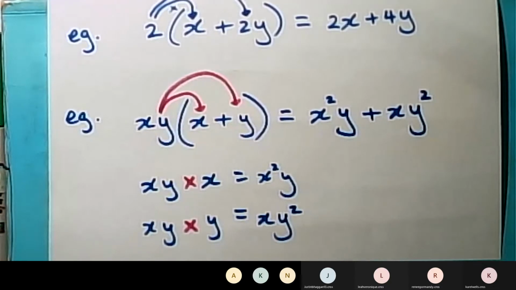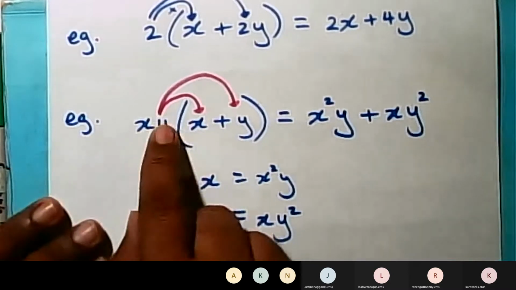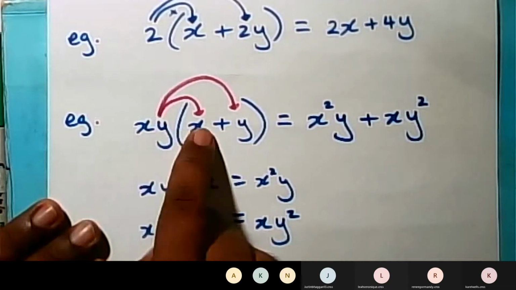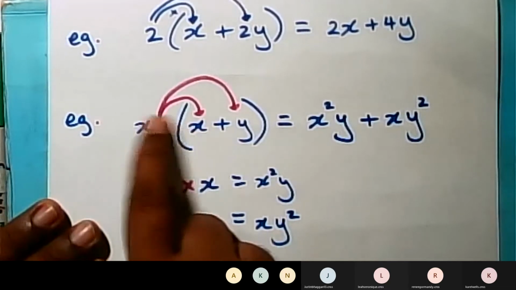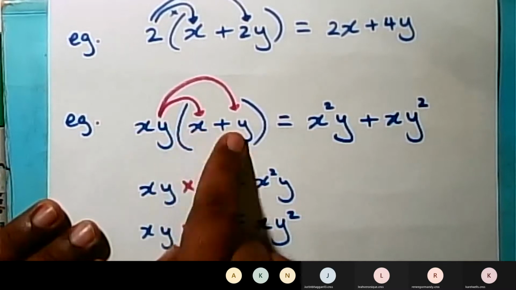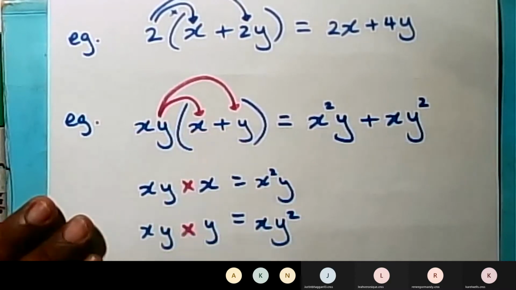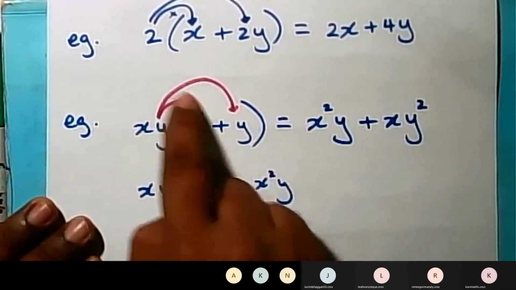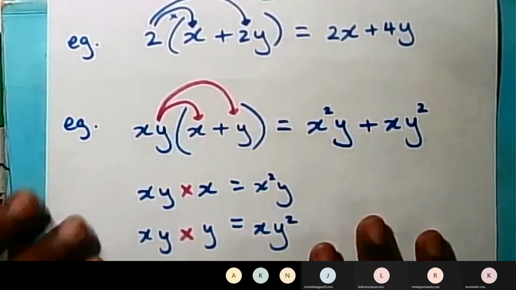A lot of us do. Even I like to draw it in for myself. I find it helps avoid making mistakes. Even though I draw the curly arrows like this, it doesn't mean the y alone times the x. It means everything on the outside of the brackets multiplying to the two terms inside here. If I had three terms inside the brackets, I would have had three curly arrows instead.